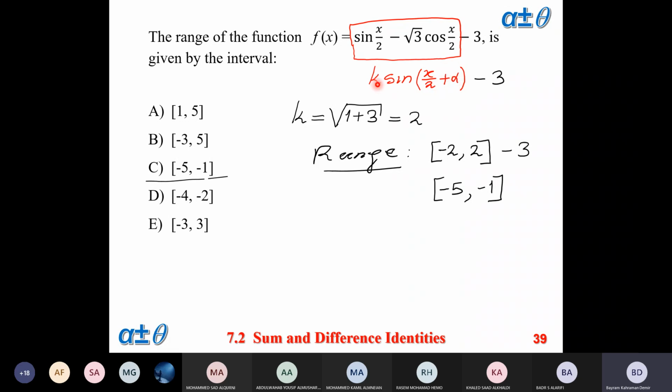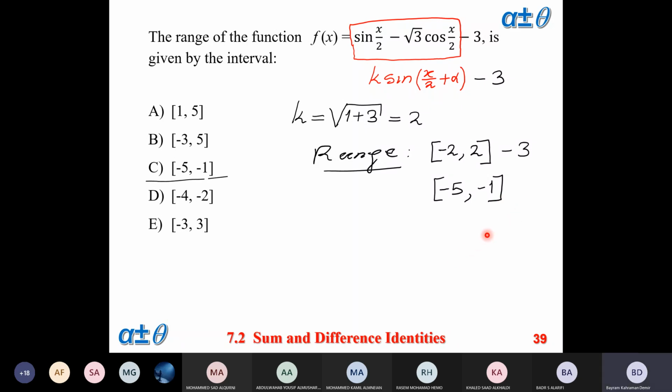I just need to know what is k here. K is 2. And we have minus 3 here. So how do we calculate the range now? First, the range of the sine function is negative 2 to 2, and then I need to subtract 3, right, Shabab? So it will give you negative 5 to 1.